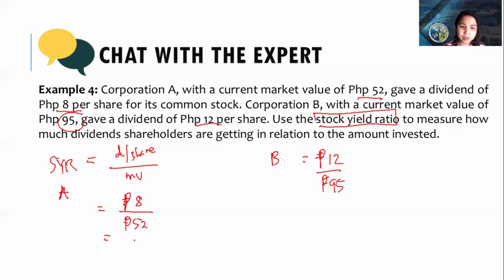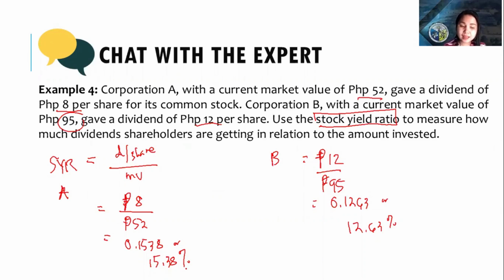So computing, you'll have 0.1538, or 15.38% for Corporation A, and for Corporation B, that's only 12.63%. What would it mean?